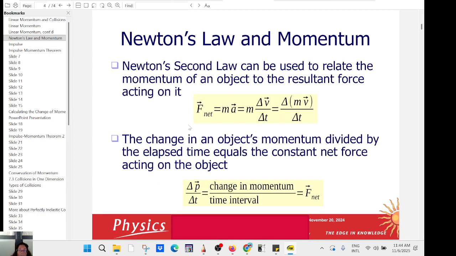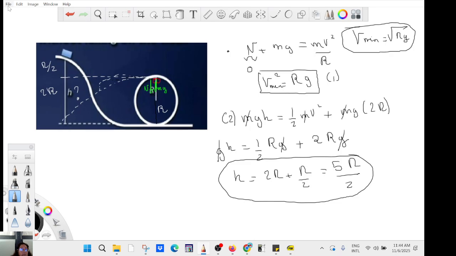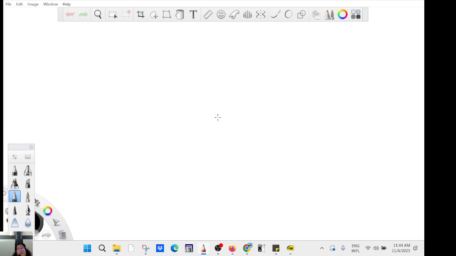Okay, so when we talk about Newton's second law, F equals ma, in his book Principia, he didn't write it this way. So I'm going to rewrite the equation. I'm not going to use the derivative.